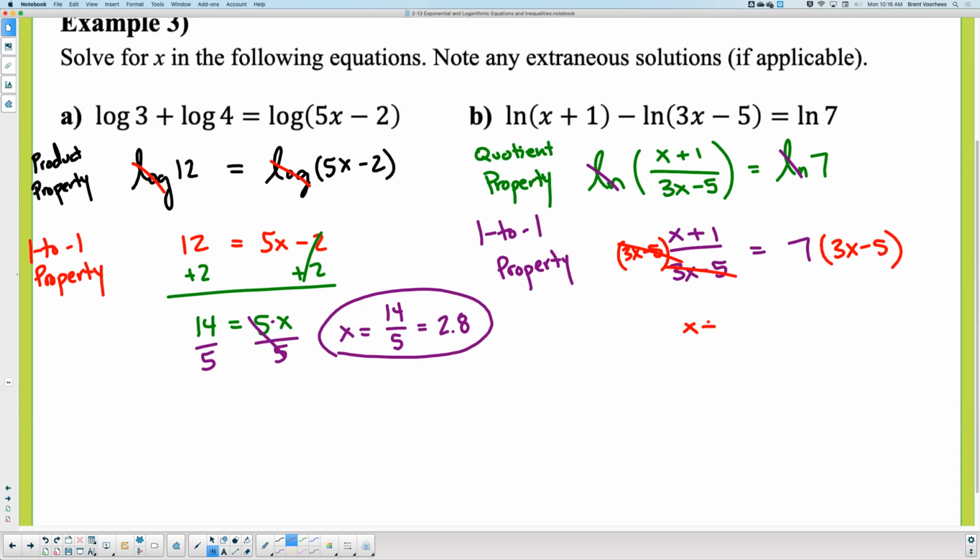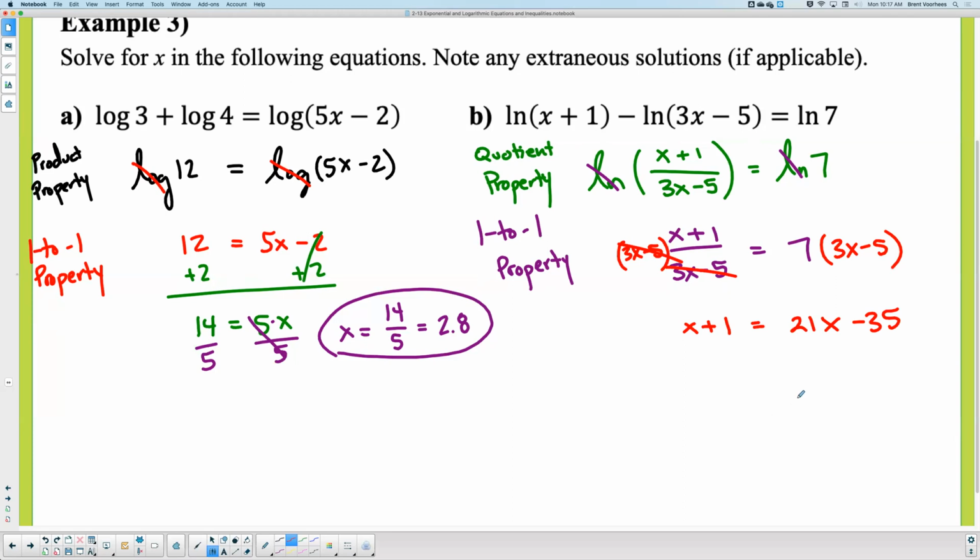So I'm left with x plus 1 equals, what's 7 times 3x? 21x. And 7 times negative 5? Negative 35. Now I want to go back to what I heard a student say a moment ago. It was 3 words, started with the C. First word. Combine. That's it. Combine like terms.